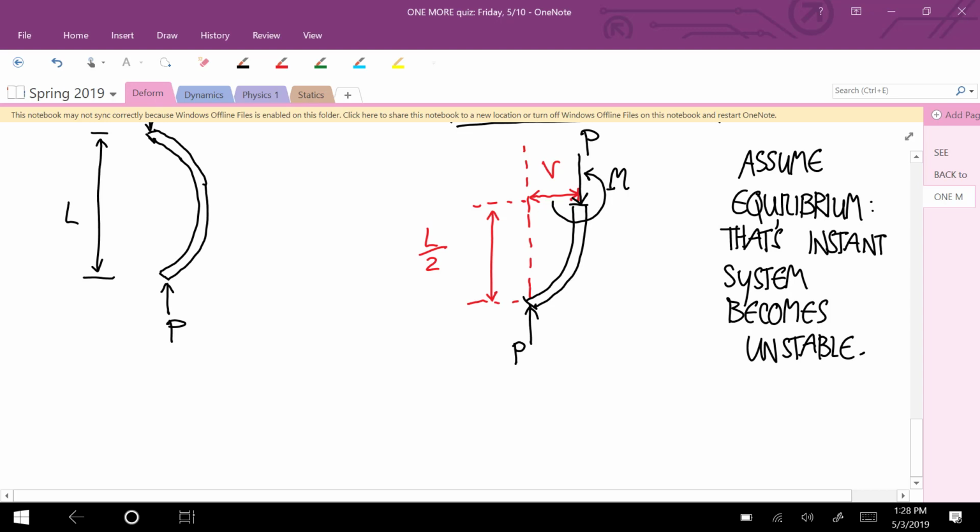So the only thing that there has to be is in the Z direction, the way we think of it, that's the bending moment.